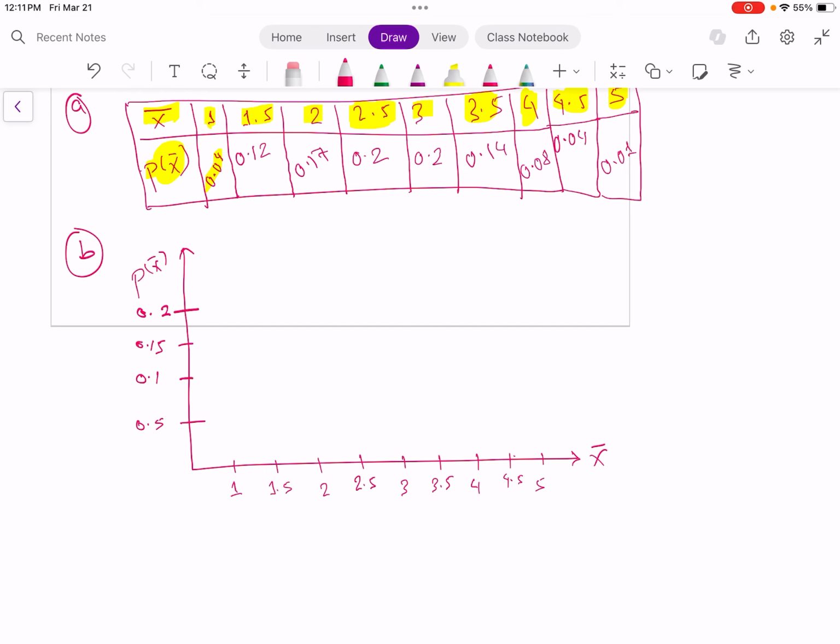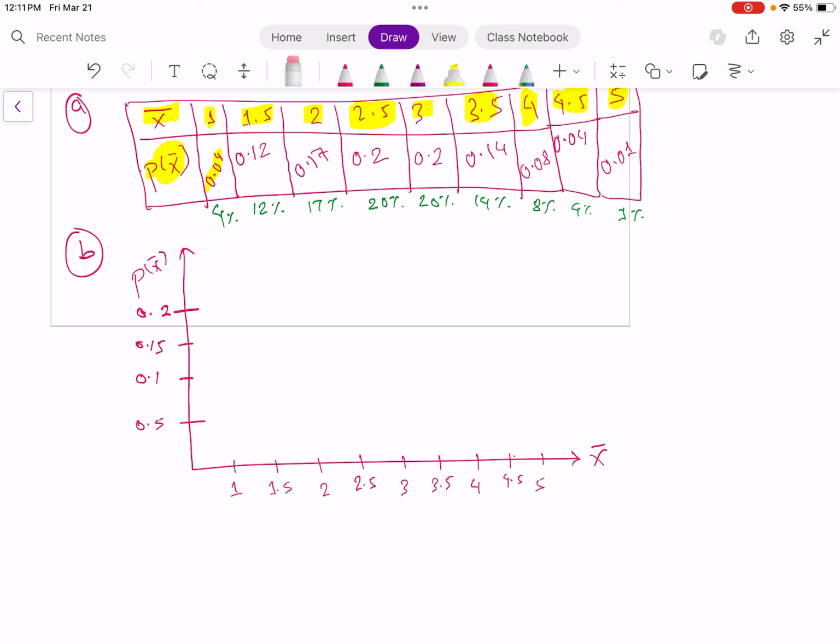Okay, so let's convert this probability in terms of percentage, so that it will be easier for us to have a scale here. Okay, so 0.04 means that is 4%, right? 0.12 means that's 12%, that is 17%, that is 20%, 20%, 14%, 8%, 4%, 1%.